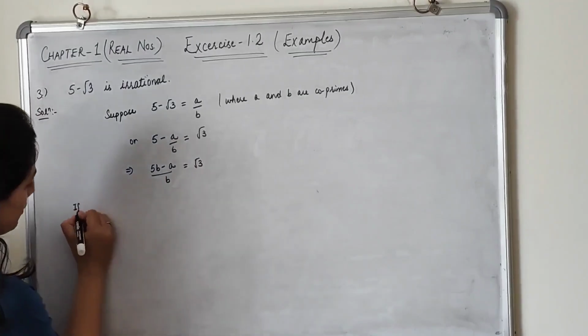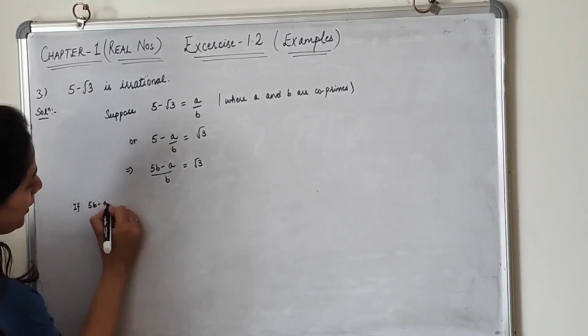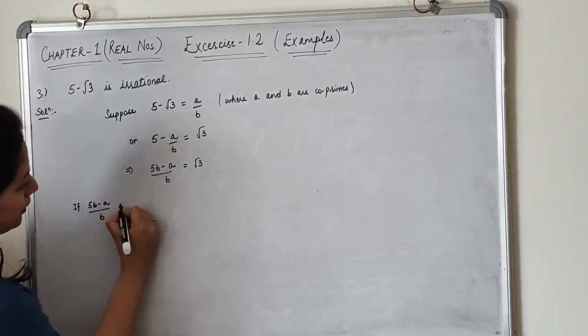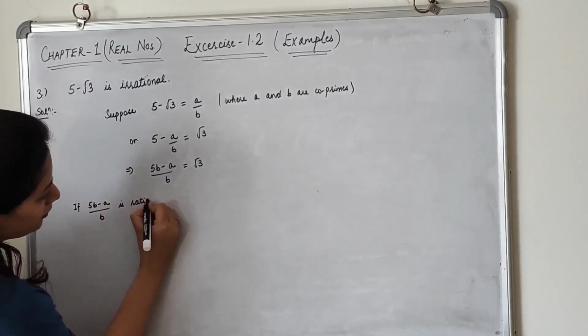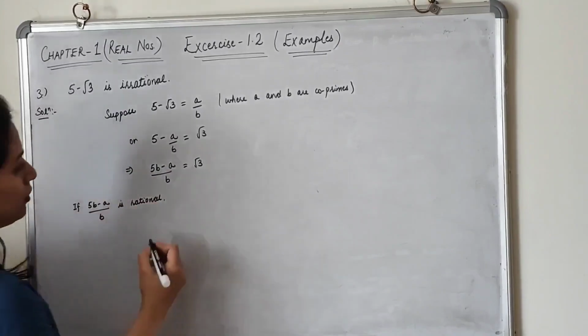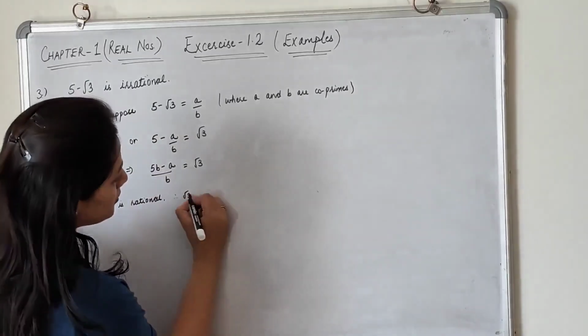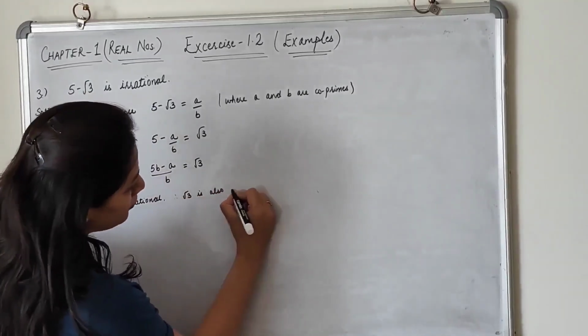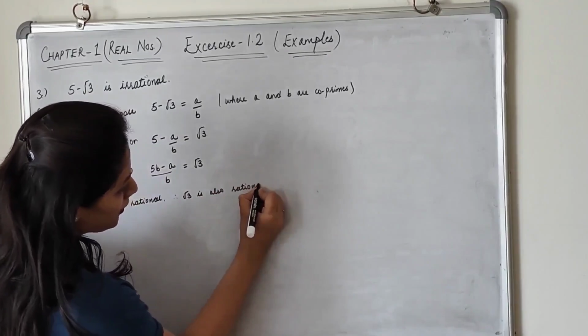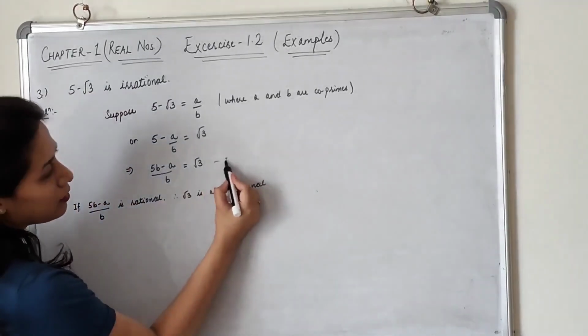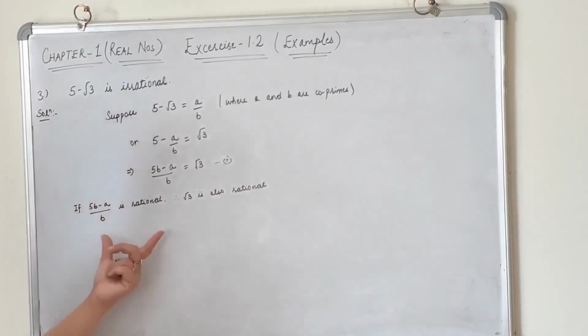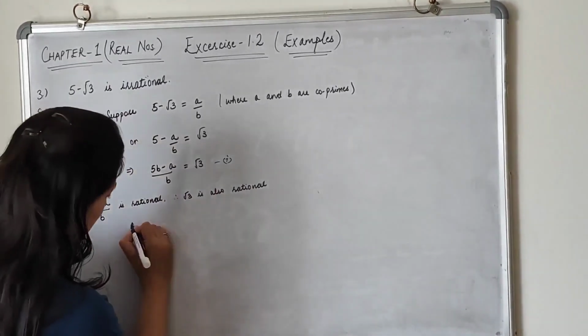Yes, if 5b minus a upon b is rational, therefore root 3 is also rational as per equation number 1.